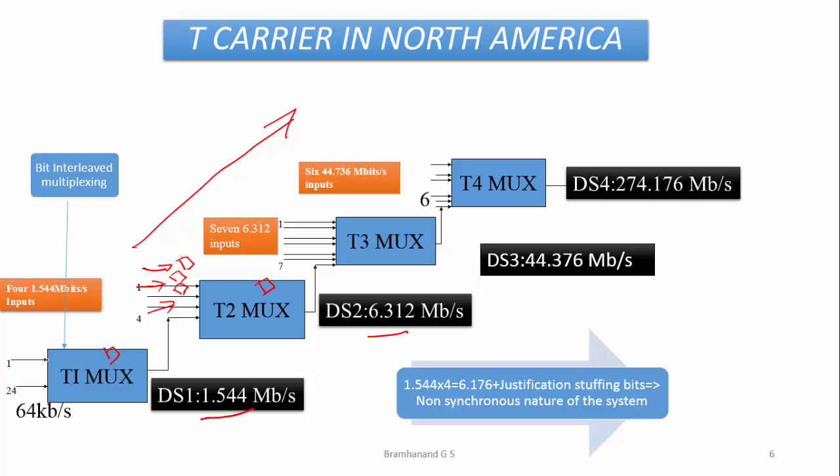We also notice that this is bit interleaved multiplexing. It means that this mux takes one bit at a time from each and every channel to get the output. So when the data rate increases, the efficiency of these muxes decreases, because they have to handle it bit by bit and the data rate keeps increasing.